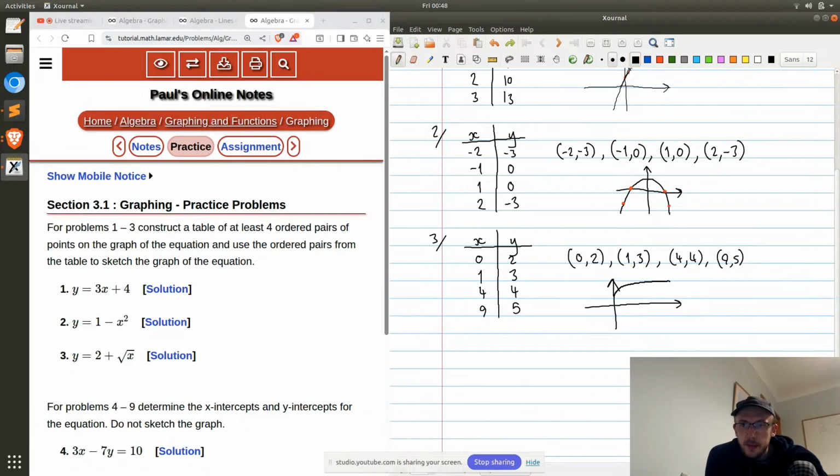Yeah, I got it mixed up in my mind. So it's that half of the parabola but translated upwards, not to the right. It was wrong of me to say it went to the right. Okay, so there it is, 0, 2, 1, 3, 4, 4, and 9, 5. Something like that.